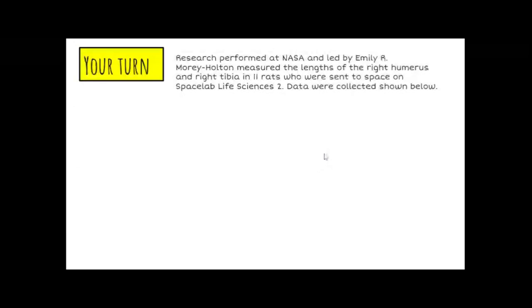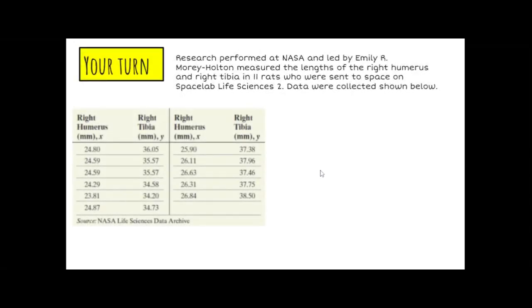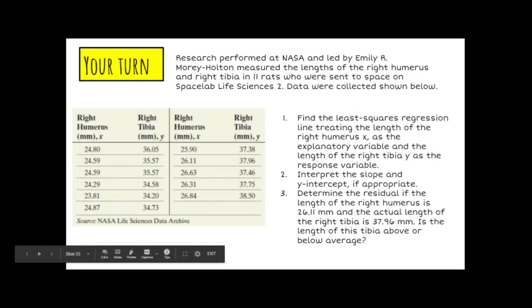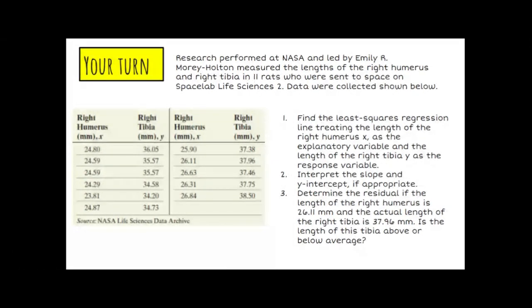All right, let's try this one. So this is the data earlier with the NASA. So let's find the least squares regression line in the form y equals mx plus b, treating the length of the right humerus as x, the explanatory variable, and the length of the right tibia as y.